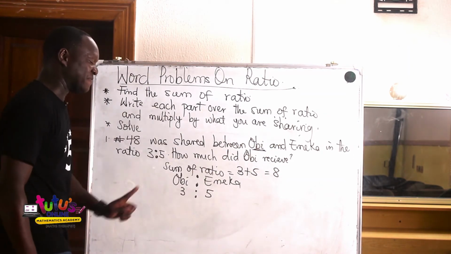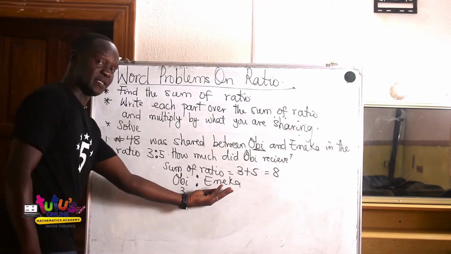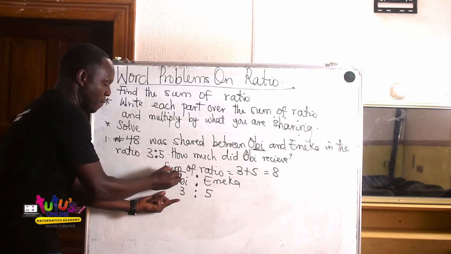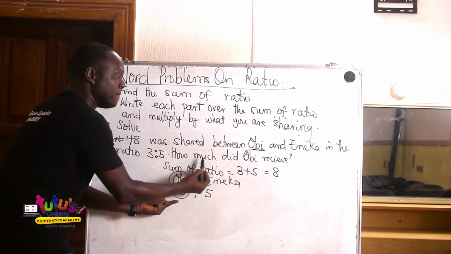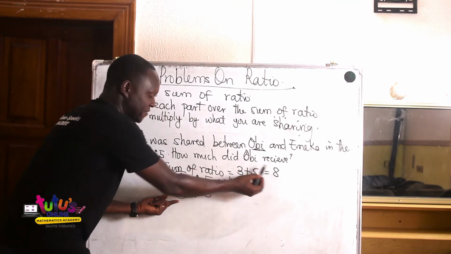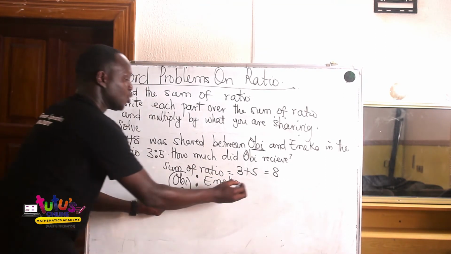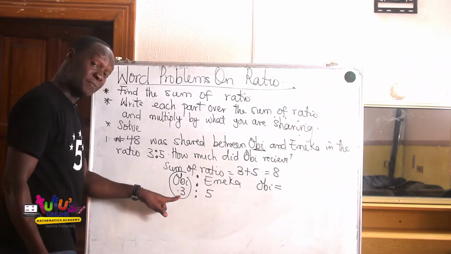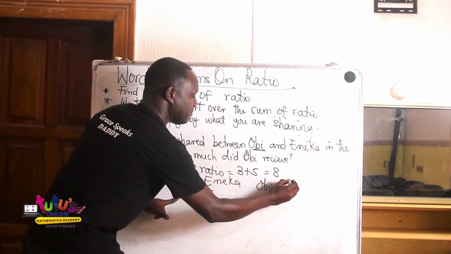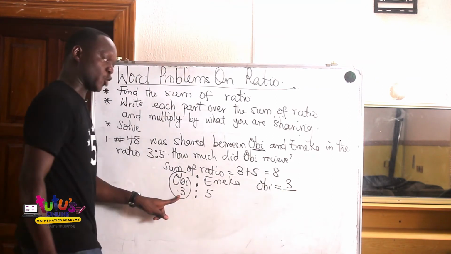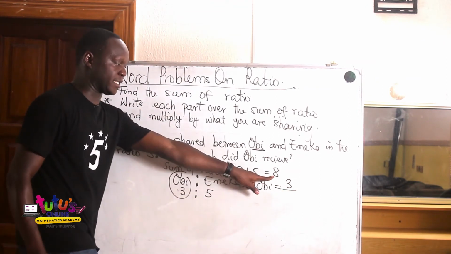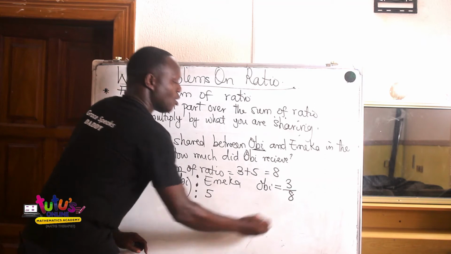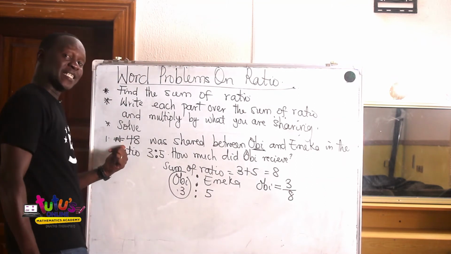But the question says find Obi's share, so we don't need to find Emeka's. We're looking for Obi's share because the question says how much did Obi receive? So Obi will be equal to Obi's part, which is 3, over the sum of ratio, which is 8, times what we are sharing, 48 naira.